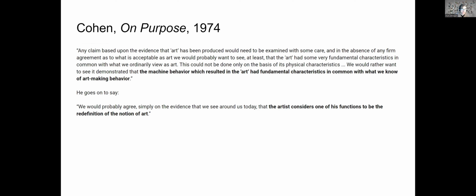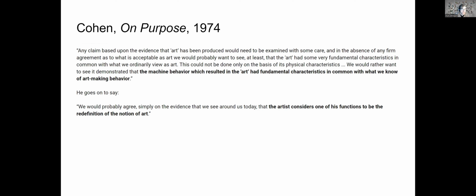And in the absence of any firm agreement as to what is acceptable as art, we would probably want to see, at least, that the art had some very fundamental characteristics in common with what we ordinarily view as art. This could not be done only on the basis of its physical characteristics. We would rather want to see it demonstrated that the machine behavior, which resulted in the art, had fundamental characteristics in common with what we know of art-making behavior by artists."